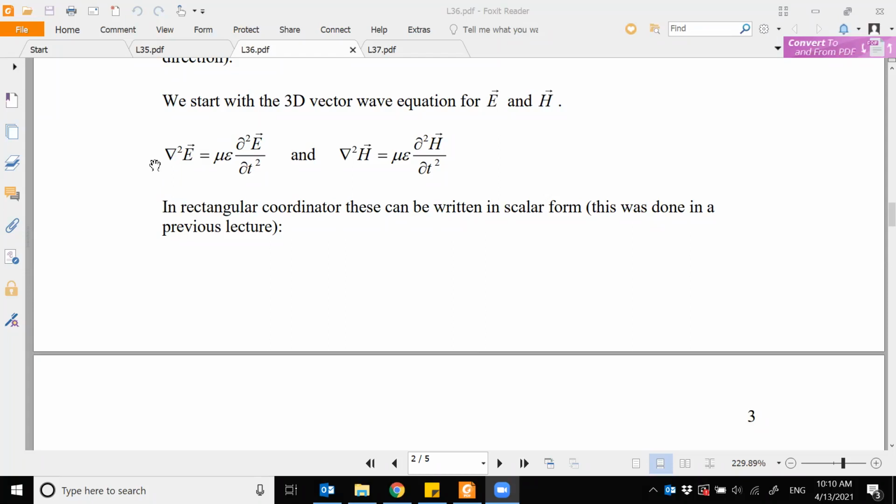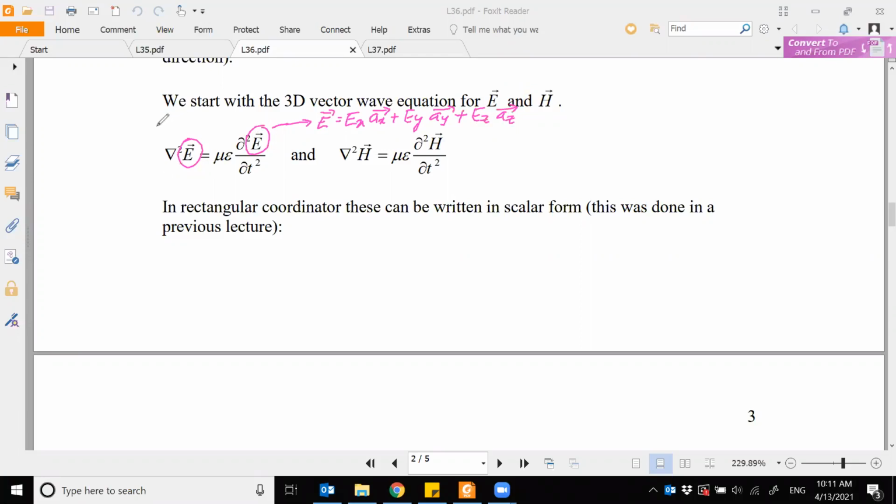So in the previous case, we changed it into 3D scalar wave equations, where we wrote all the components of our electric field and the magnetic field separately. Remember? So this we wrote as E bar, we wrote it as Ex ax plus Ey ay plus Ez az.